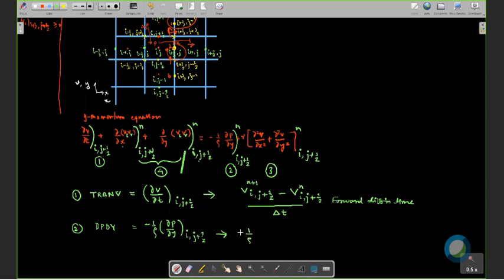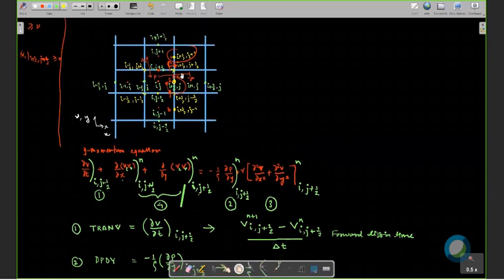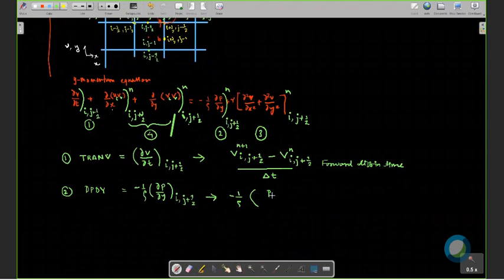P at this point has to be evaluated. So we have to consider this cell center and this cell center having a distance delta y in the y direction. So P I, j plus 1 minus P I, j, divided by delta y.